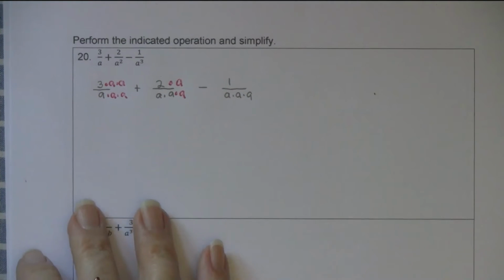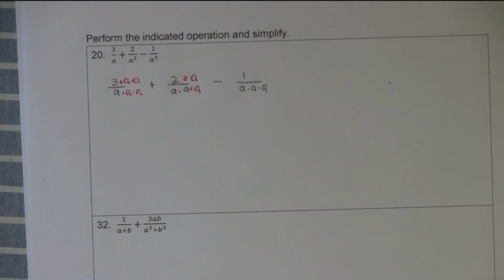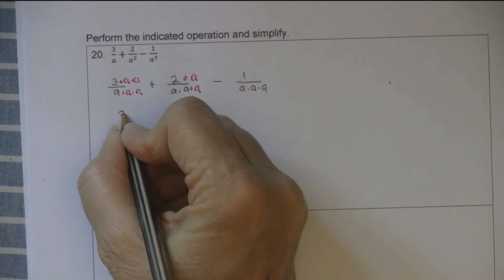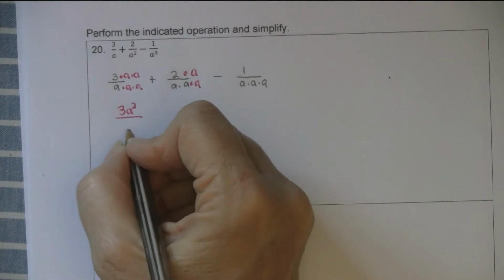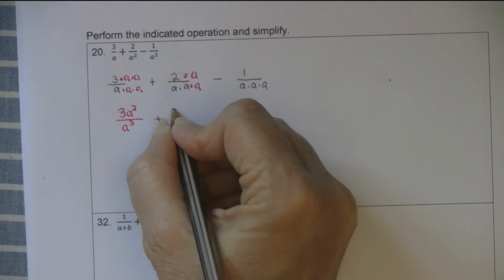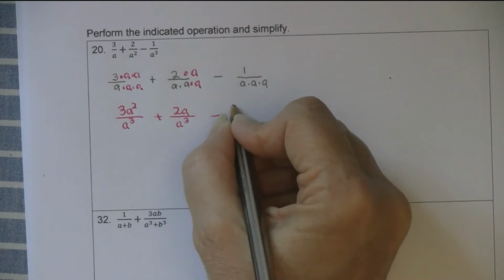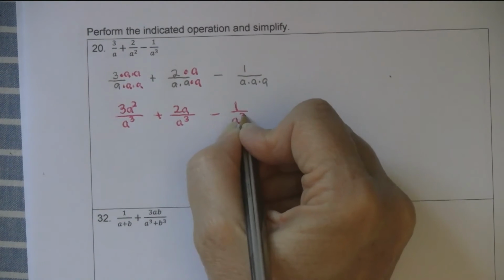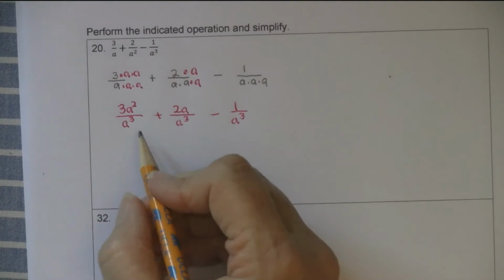Is that okay? Now if you're saying I times it by a squared, well, that's what a times a is, a squared, right? And so here I get 3a squared over, and a times a times a is a cubed, right? Plus, and then 2 times a cubed minus 1 over a cubed. And now I'm saying to myself, oh, all the denominators are the same.